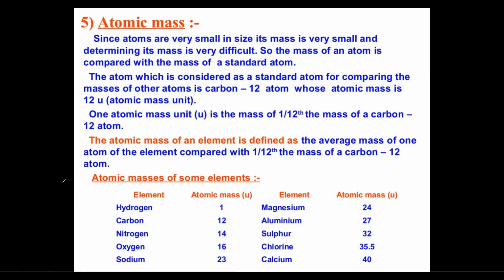Here, the mass of one hydrogen atom is 1/12 the mass of a carbon atom, so it is 1 atomic mass unit. Like that it is calculated, but usually we don't calculate that. So the atomic mass of hydrogen is 1, and we have the respective atomic mass numbers for carbon, nitrogen, oxygen, sodium.